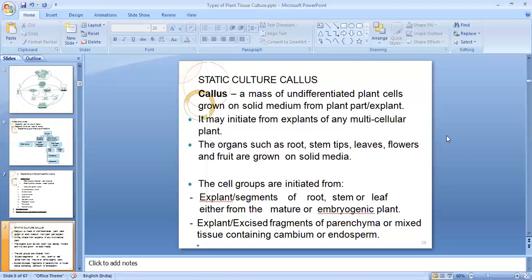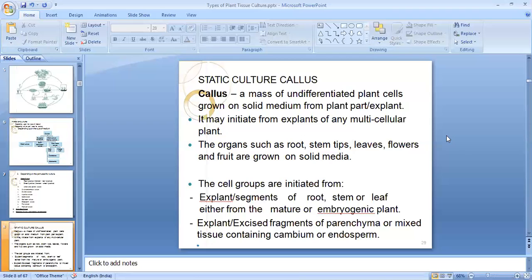The organs from which the explant is taken may be root or stem tips, leaves, flowers, fruits, etc. After the explant is isolated from these different parts of the plant, it can be grown on the solid medium.